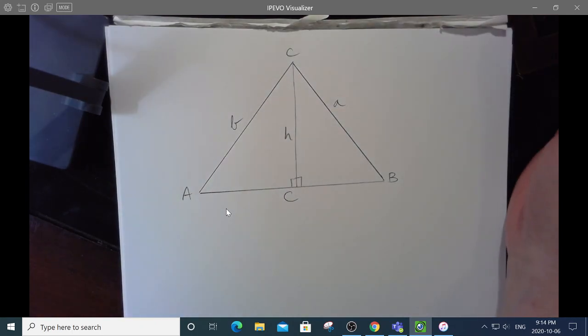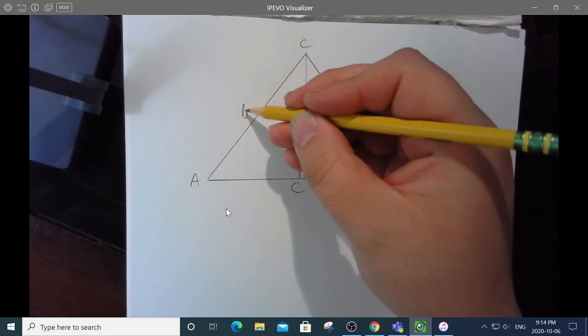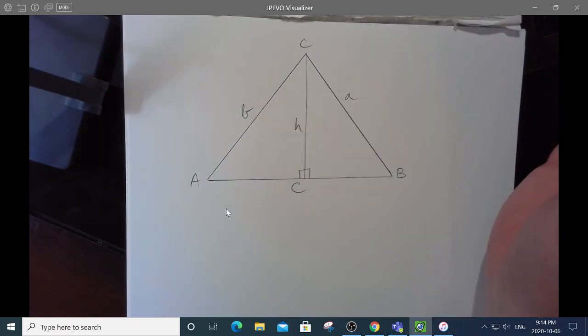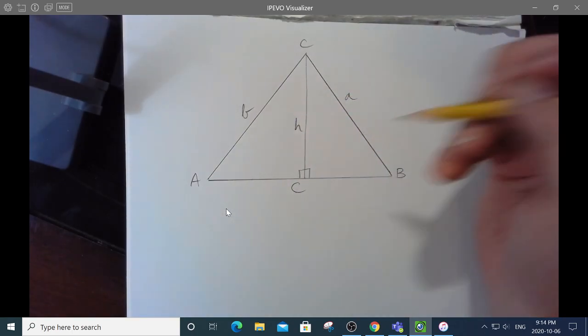But this time, we're not going to be messing with sine. This is about cosine. So cosine for, say, angle A would be the adjacent over the hypotenuse. Problem, well, A to here isn't defined.